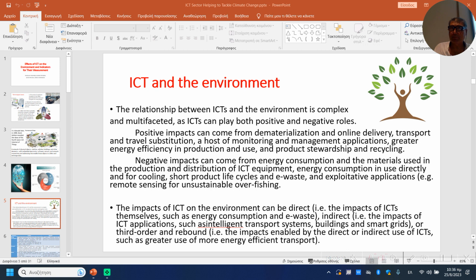And this ICT equipment makes waste, it has a life cycle. During this life cycle, it consumes energy, pollutes, and at the end, if not properly handled, pollutes the environment.